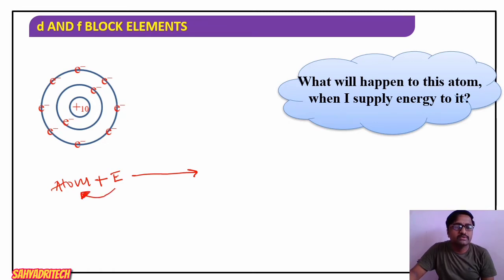Which part is going to take the energy? The electrons of the valence shell. They take up the energy.